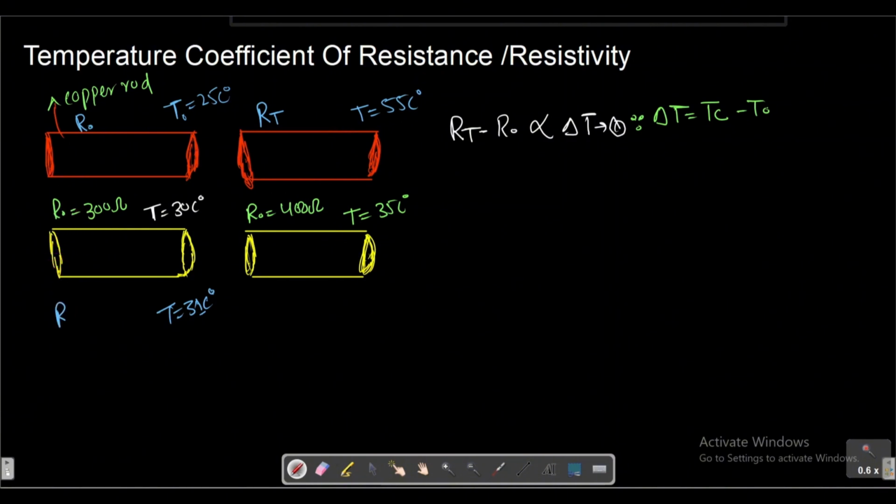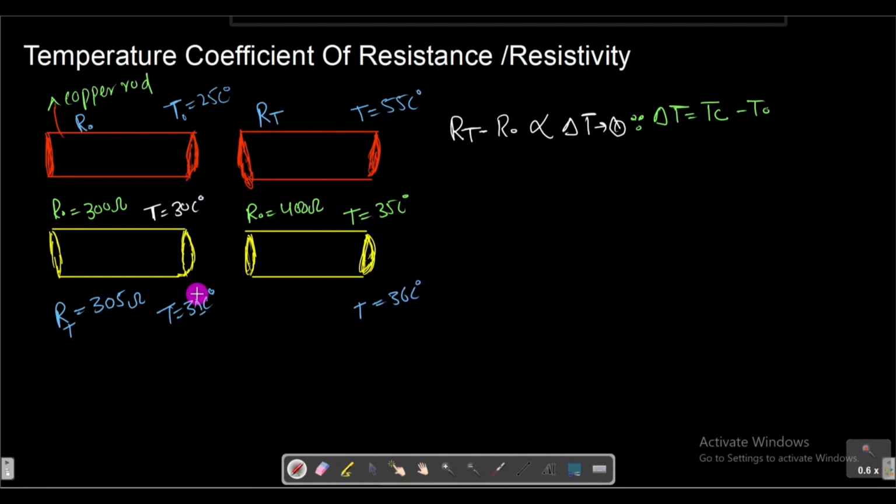That increase in resistance due to this temperature is given by RT. In this case, let's say it increases to 305 ohm.